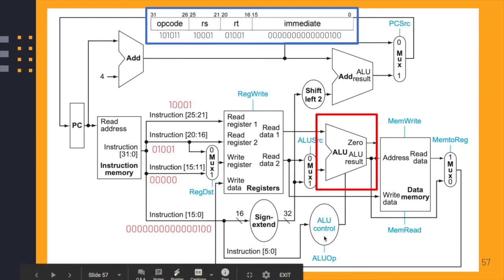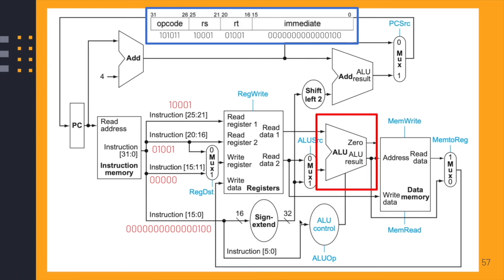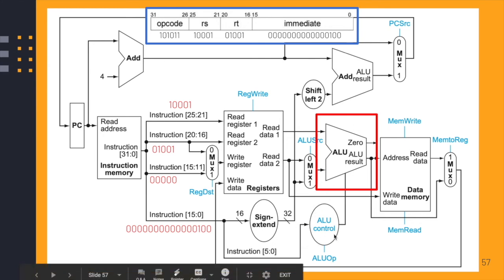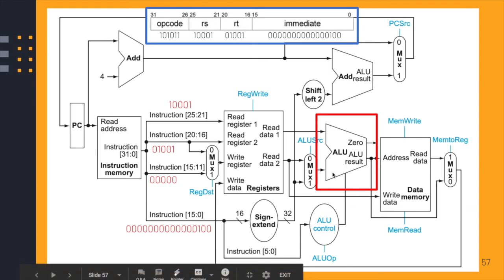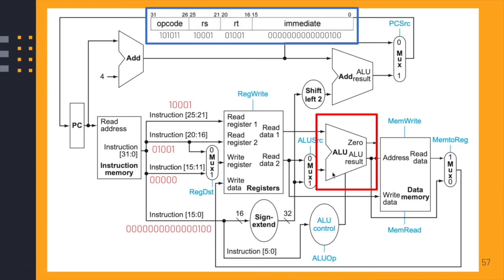But according to the ALU operation from the control unit, I will either use these bits to determine which operation the ALU should perform, or I will neglect them. The ALU operation knows exactly what operation should be performed and will tell the ALU control to inform the ALU about the operation. So in our case, it's a store word instruction.